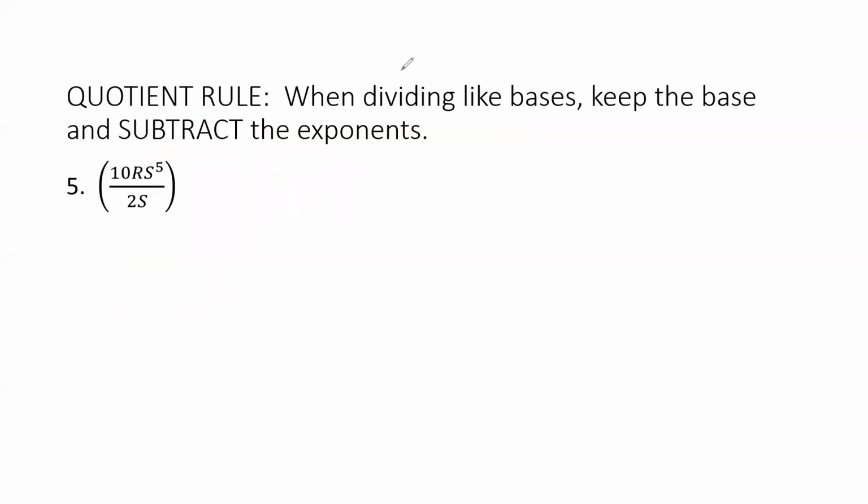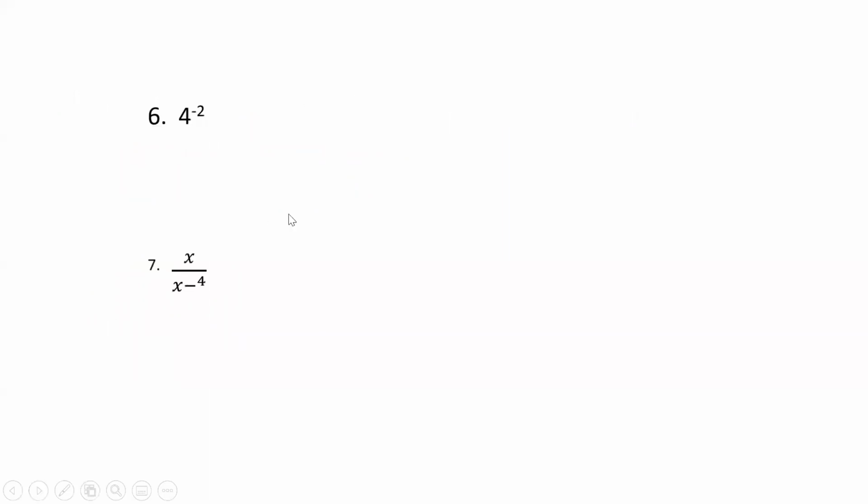All right, the last rule we're going to cover in this video is the negatives. When you have a negative exponent, all that means is it's actually a fraction. So I need to rewrite 4 to the negative 2.